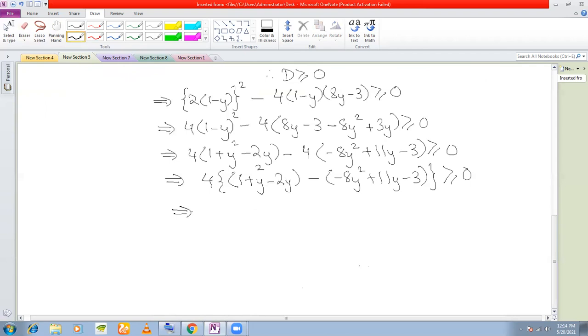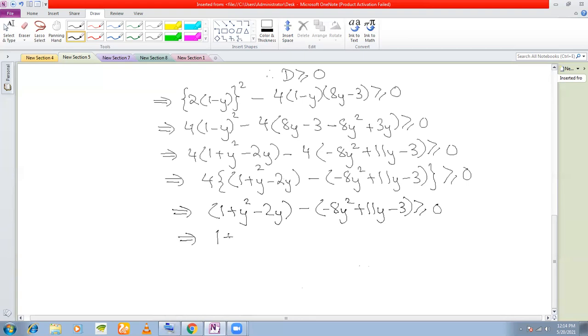That means this entire term is greater than or equal to 0. That means 1 plus y square minus 2y minus 8y square plus 11y minus 3 has to be greater than or equal to 0.